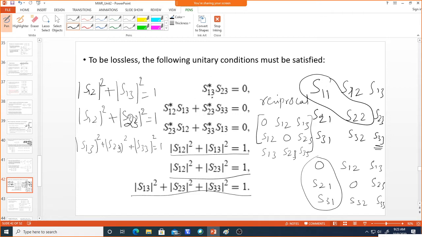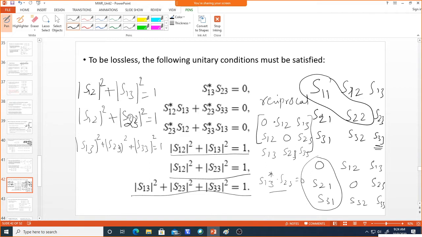And to get the orthonormal property, multiply the column with the complex conjugate of the other column, and you will get these conditions. How will we get them? Just multiply these two with these two. So what will you get? 0 into 0, and 0 into S12 is 0. Now S12 into 0 is 0. Now S13 complex conjugate into S23, which will be equal to 0.